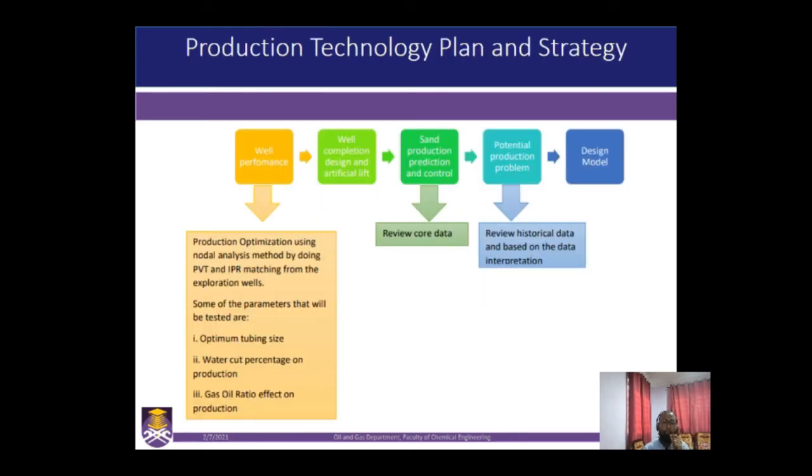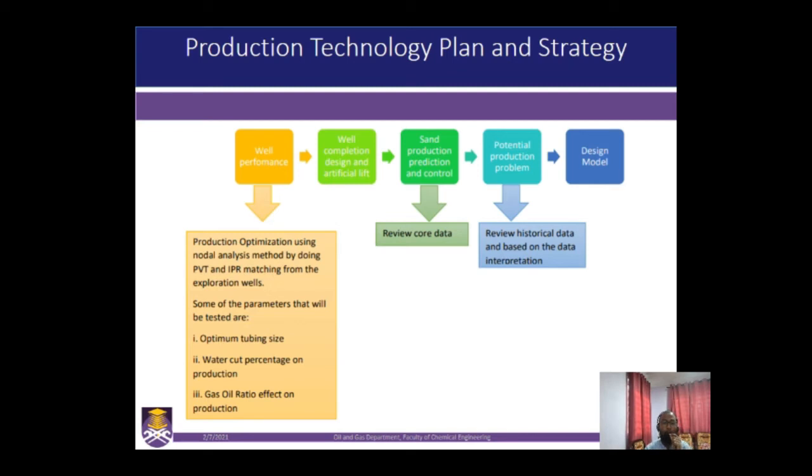Next, production technology plan and strategy. Well performance. Production optimization using nodal analysis method by doing PVT and IPR matching from the exploration wells. Some of the parameters that will be tested are optimum tubing size. Second is water cut percentage on the production.